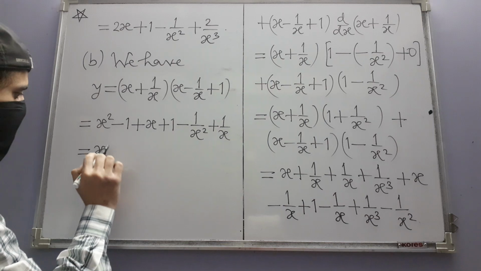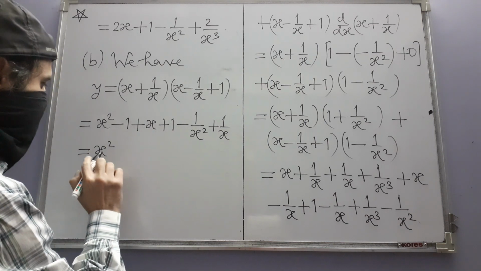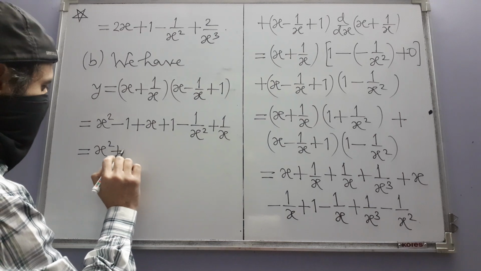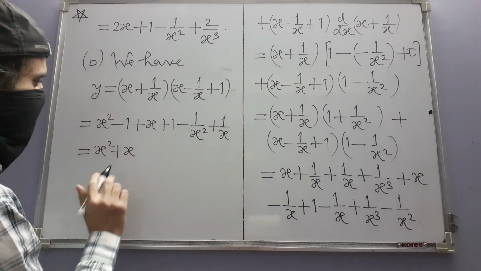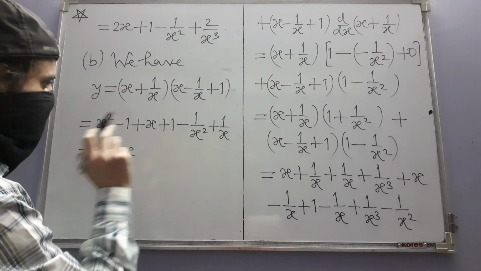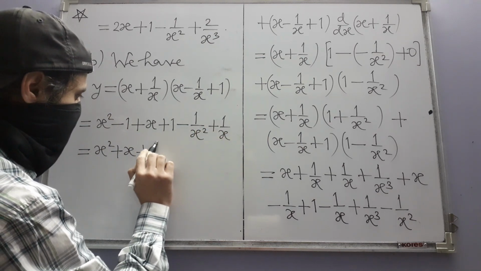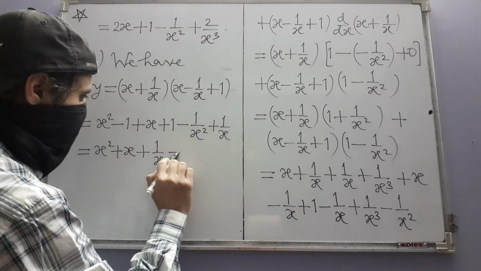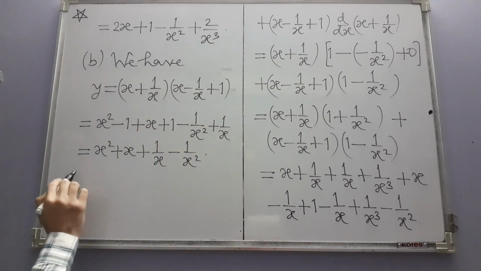Okay, so x square, and then we have an x term, right? So x, and then there is no constant term actually, because minus 1 and plus 1 vanish, then 1 over x and minus 1 over x square.